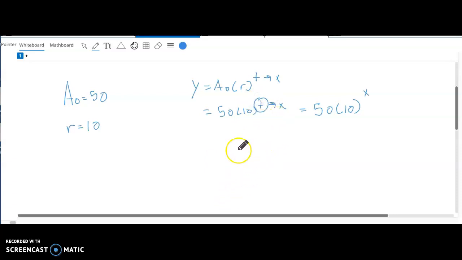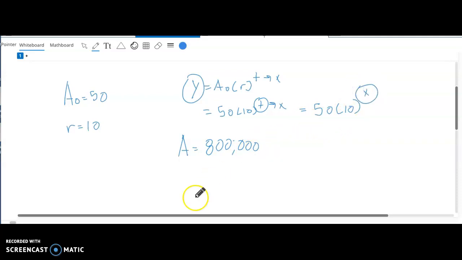Okay, so we're going to do the Y equals the amount after the rate. So what they're saying is if it reaches an amount of 800,000, what is going to be the time for that?